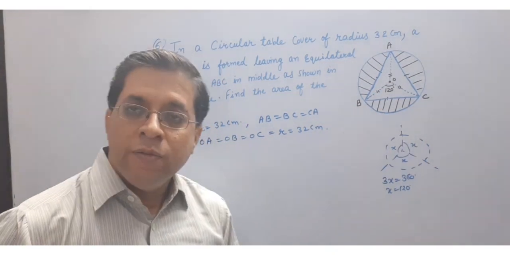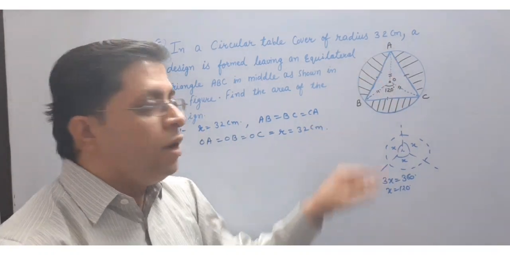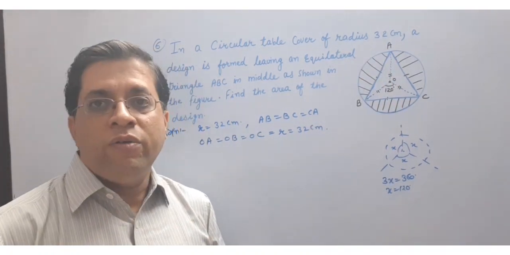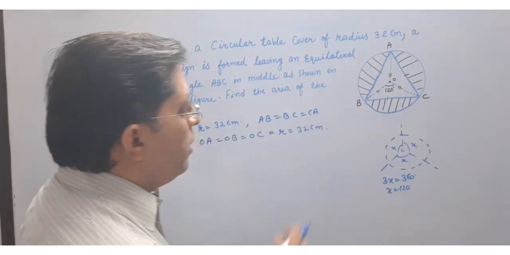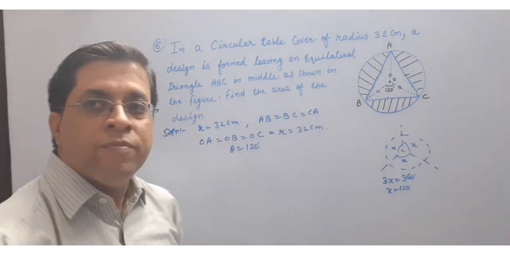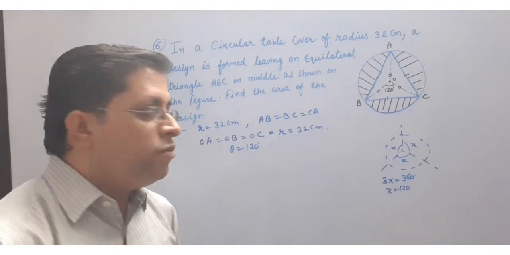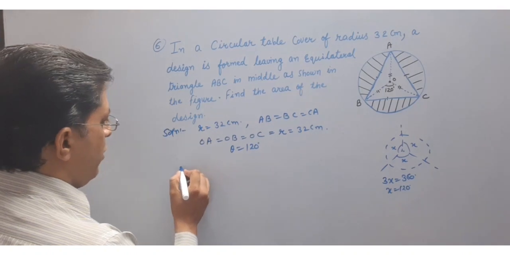Angle BOC is 120, angle COA is 120, angle AOB is also 120 degrees. Then theta is 120 degrees. Now we have to find 3 into the area of a segment in the shaded area.